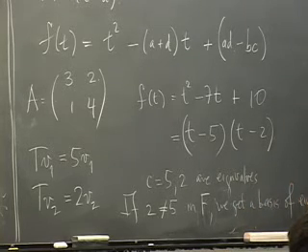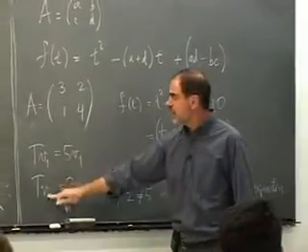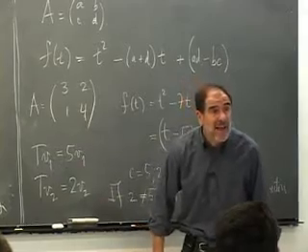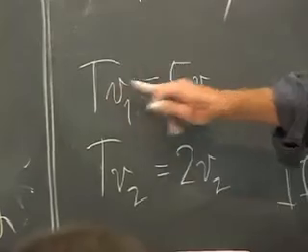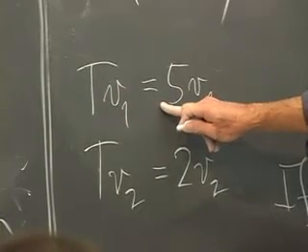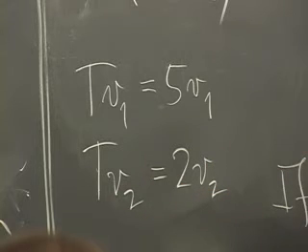Of eigenvectors. Because in the case where 2 is not equal to 5, these two vectors cannot lie on the same line. Because anything on the line of v1, when you apply T to it, is multiplied by 5, whereas v2 is not multiplied by 5, it's multiplied by 2, and 2 is not equal to 5.